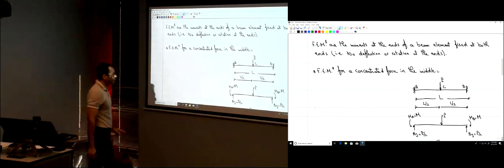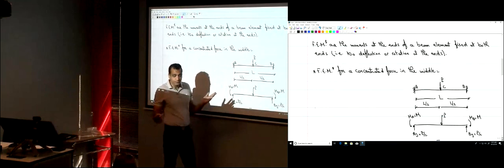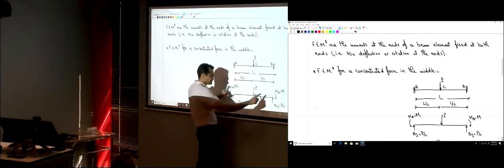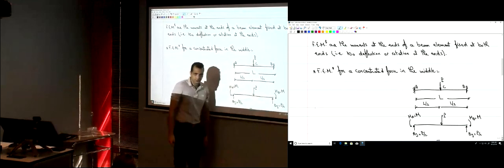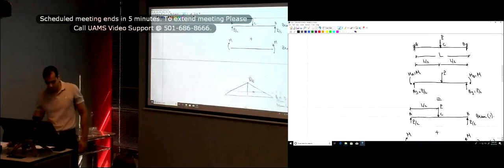And what are their direction? When I solved, it was positive. What does positive mean? That my assumption here was correct. The fixed end moments are in this direction. Okay? They are negative moments, actually. Those are negative moments.